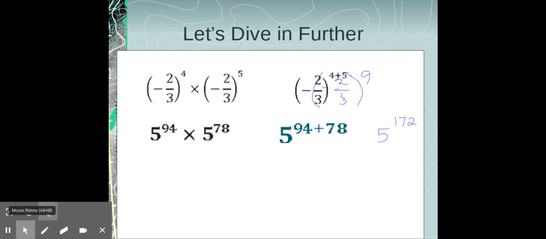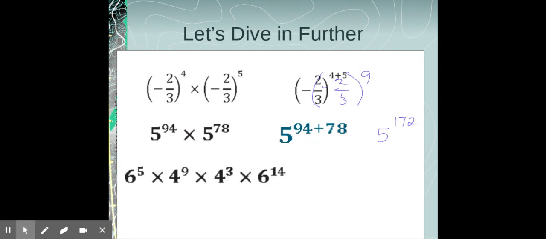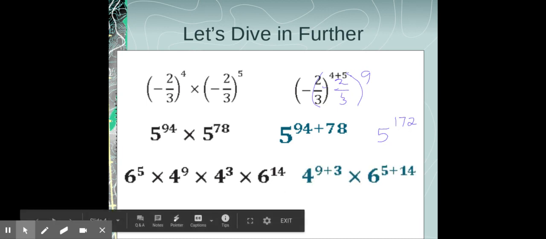All right, let's keep going. We'll do two more. How about this one? Look at all of those different bases. Well, not all of those different ones. There's only two different bases, 6 and 4. So we'll look at 6 to the 5th and 6 to the 14th, and 4 to the 9th and 4 to the 3rd. So just treat each of the bases separately. And you'd end up with 4 to the 9 plus 3.